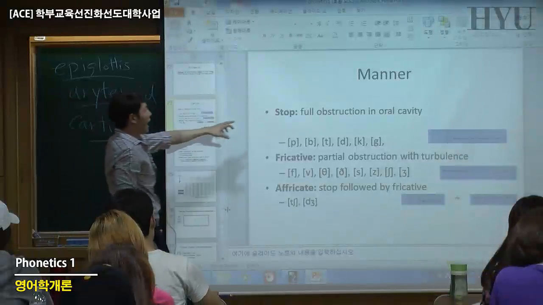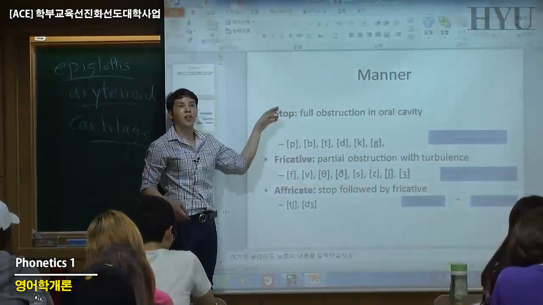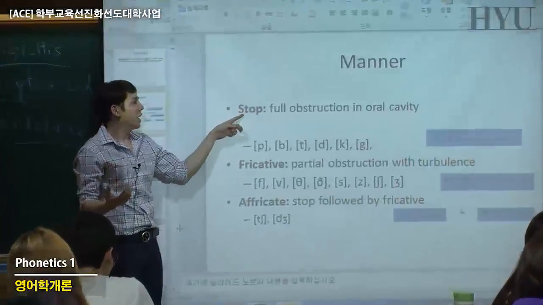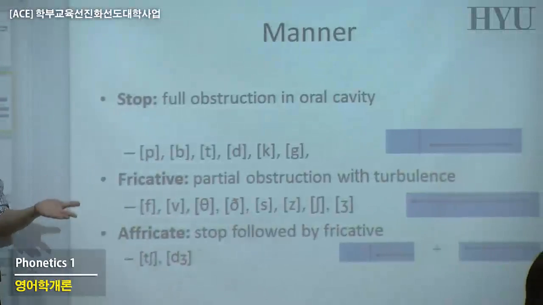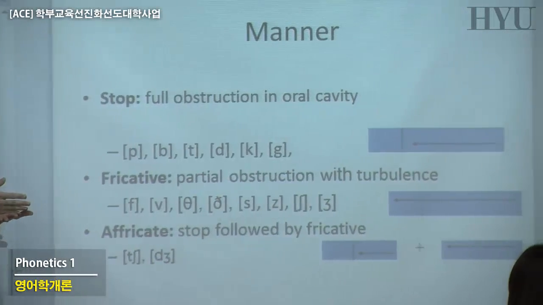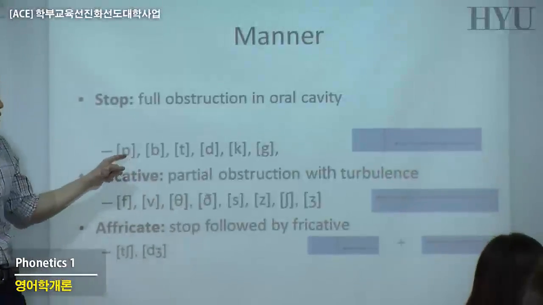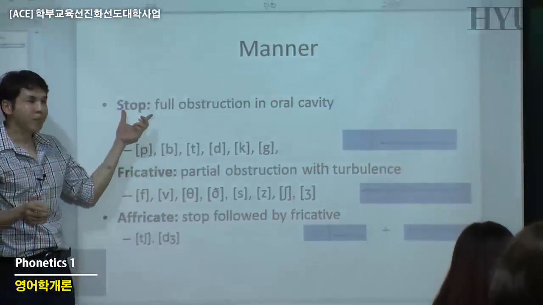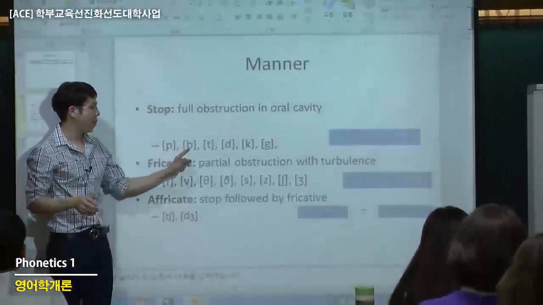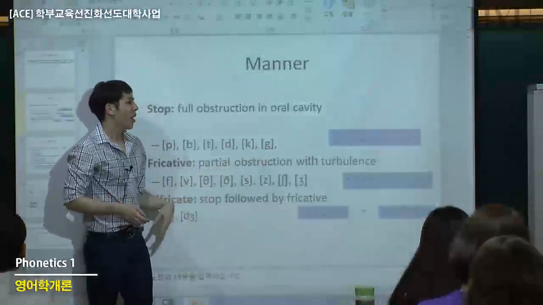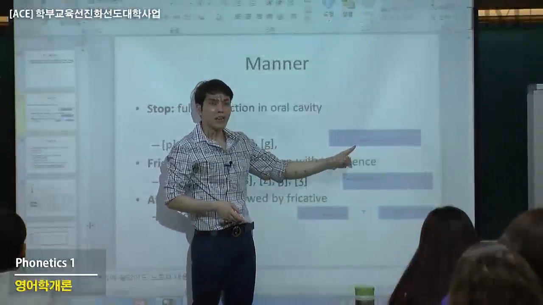First, the air can be stopped fully, meaning that the air is obstructed completely before it is released. So you have this manner for these sounds: P, B, T, D, K, G. So this is the diagram that I used to show.